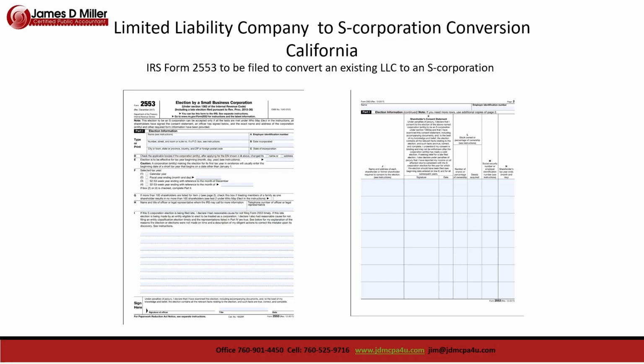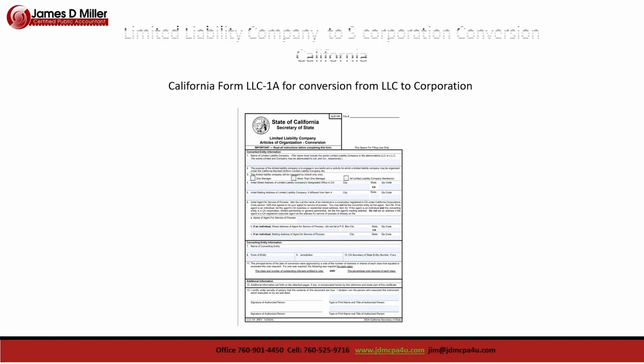Note that there's a signature on the bottom here. There are also signature spots for every S corporation owner on page 2. So you could have 3 owners, one of which is the signing officer. The signing officer signs page 1. All of the owners must sign the S election on page 2.